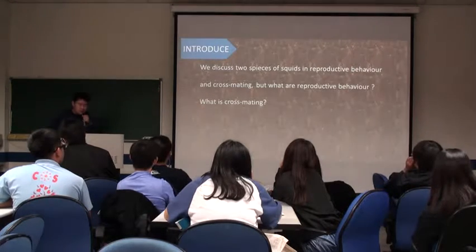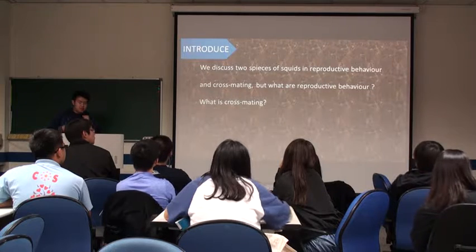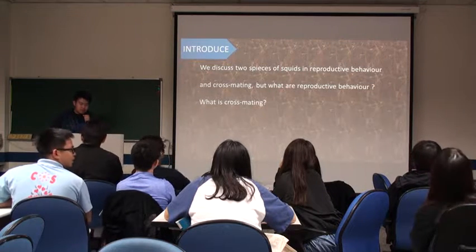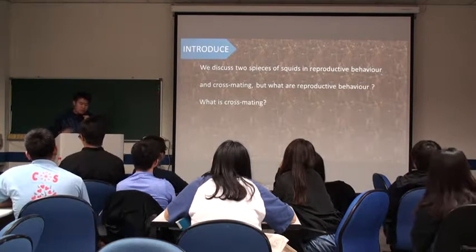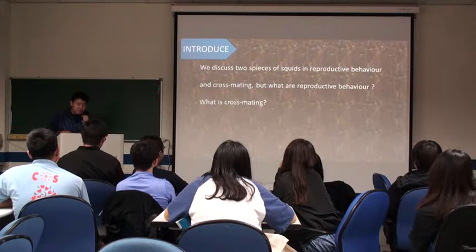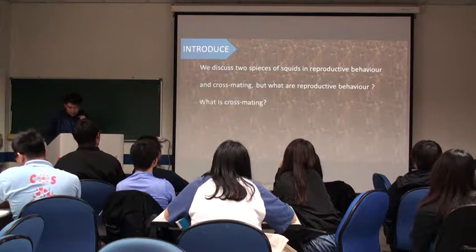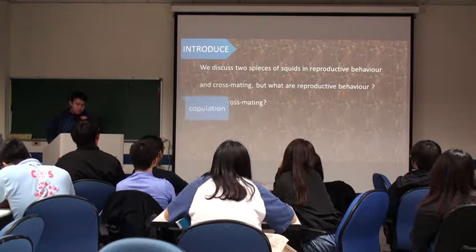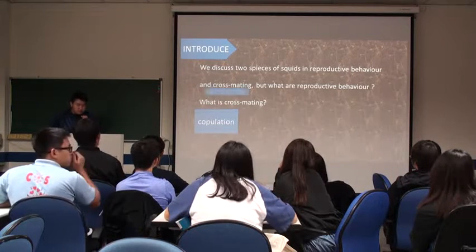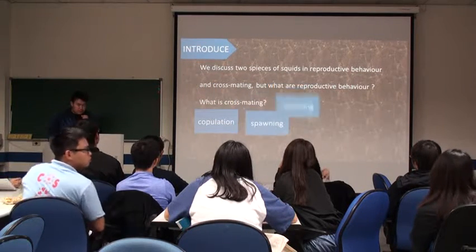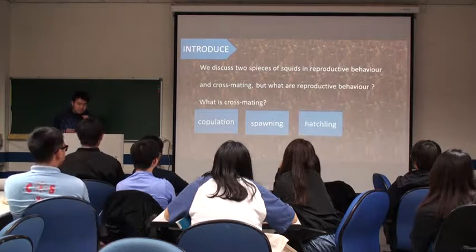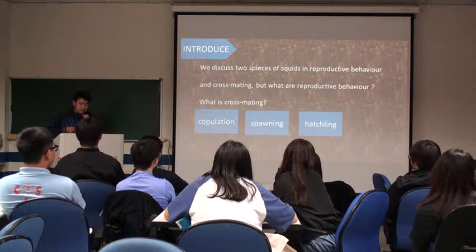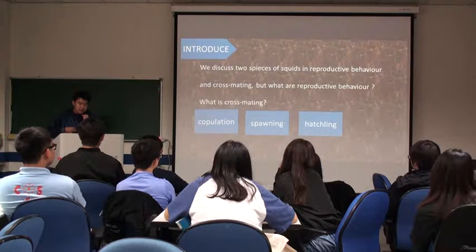We discuss 2 species of squids in reproductive behavior and cross-mating. But what is reproductive behavior and what is cross-mating? Copulation, spawning and hatchling: these 3 are included in reproductive behavior.